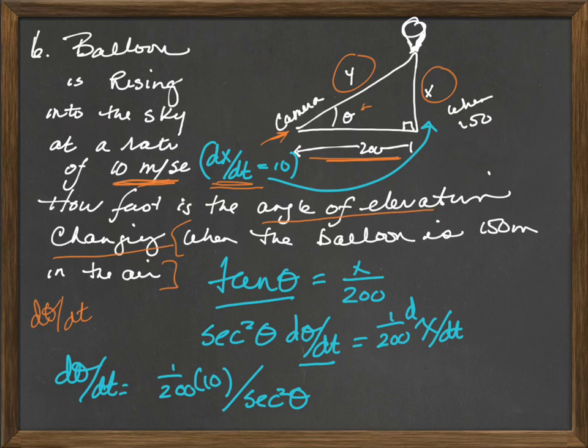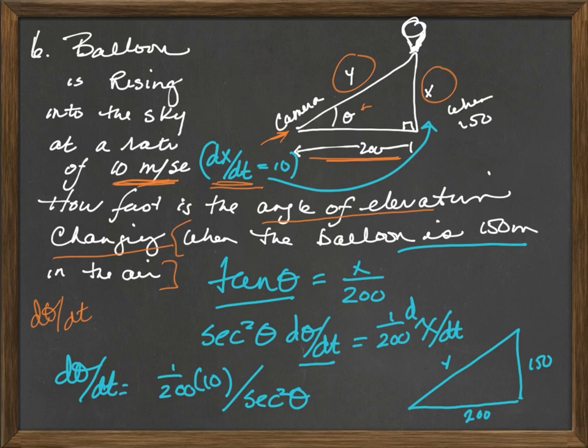Now, when the balloon is 150 meters high, we're going to need to find what the secant is at that time. So we're going to rewrite this now, where we know in time that this would be 150 and this would be 200. And so what would y be?